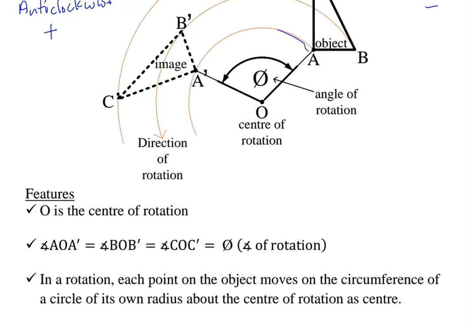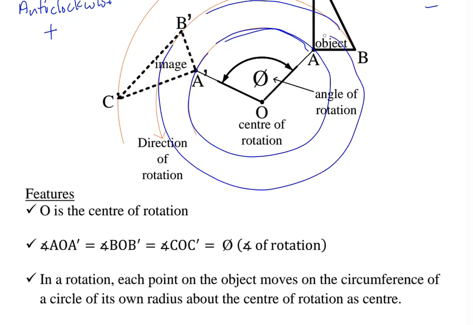So A and A prime are on the circumference of the same circle. B and B prime, they're on the circumference of the same circle. So in a rotation, corresponding points on the object and image are on what? The circumference of the same circle.